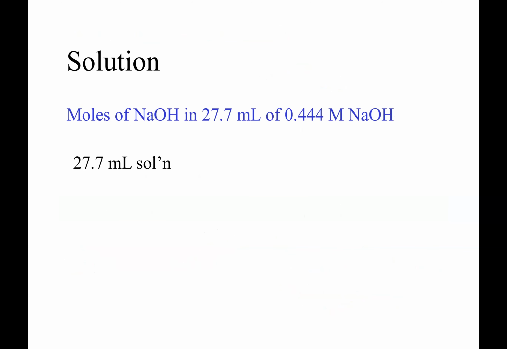The first step is to use the volume and the molarity of the NaOH to get to moles. So I need to take those milliliters and get them into liters. How do I do that? 1 liter over 1,000 milliliters. So my units of milliliters will cancel. Perfect. Now I'm going to use molarity, which in this case means 0.444 moles NaOH per 1 liter of solution.